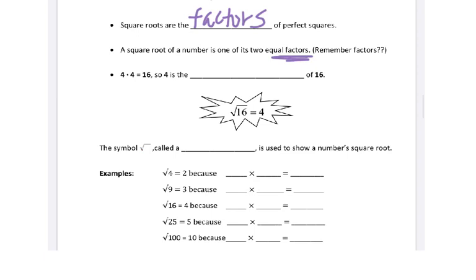So if you're looking for the square root, in this case it's the square root of 16, you're going to say the square root of 16, what times itself equals 16? 4 times 4, so the square root of 16 is 4. Okay, so in this bullet right here, 4 times 4 equals 16. So 4 is the factor or square root.